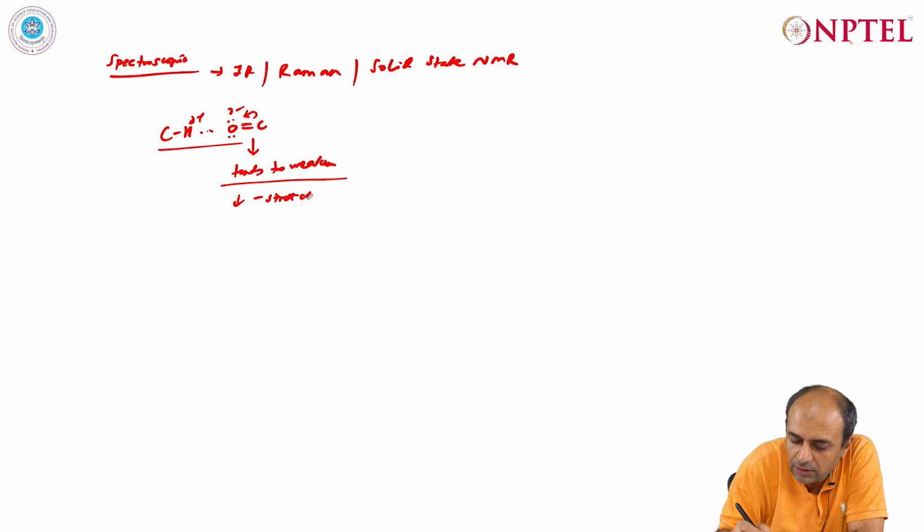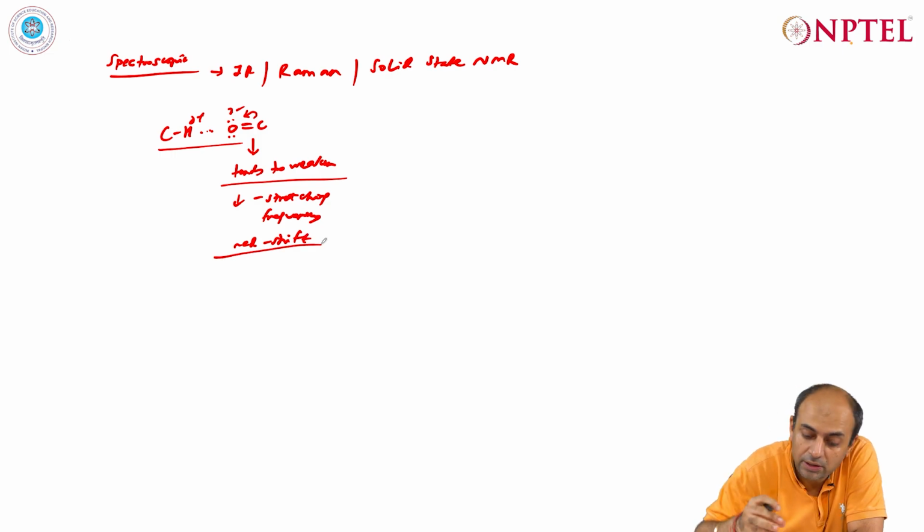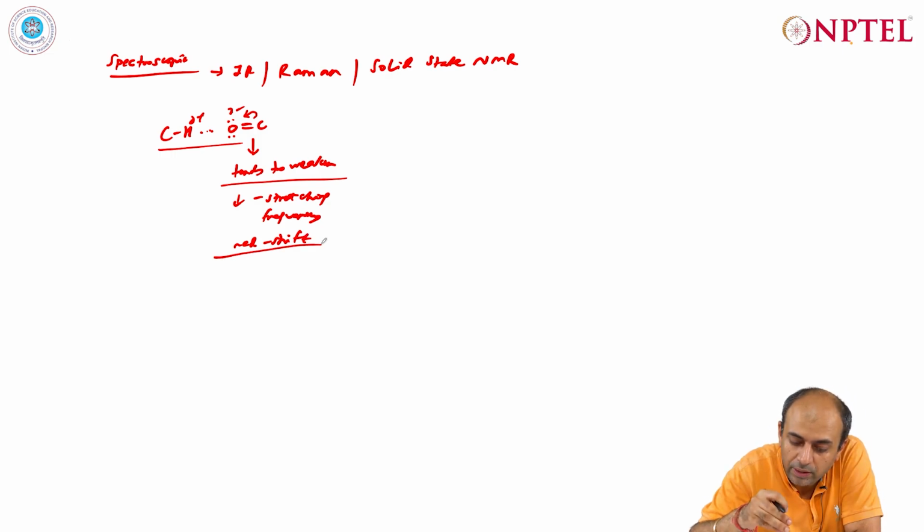The stretching frequency is lowered, and this decrease in the stretching frequency of CO is referred to as a red shift, in the sense that the energy which is necessary to stretch the CO bond is now reduced.